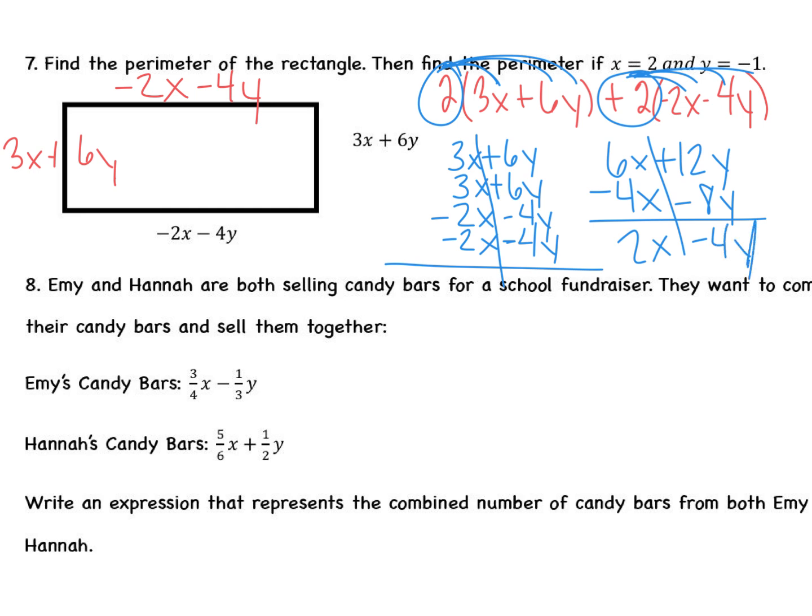So you can do it this way. Or if you're going to just line them all up, 3 and 3 is 6, minus 2 is 4, minus 2 is 2x, and 6 and 6 is 12, minus 4 is 8, minus 4 is, oh sorry, this should have been positive 4. So you get the same answer either way, okay?